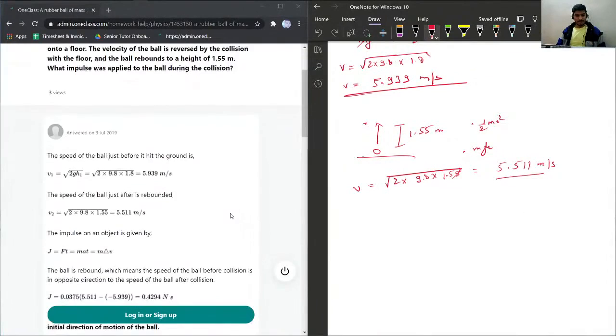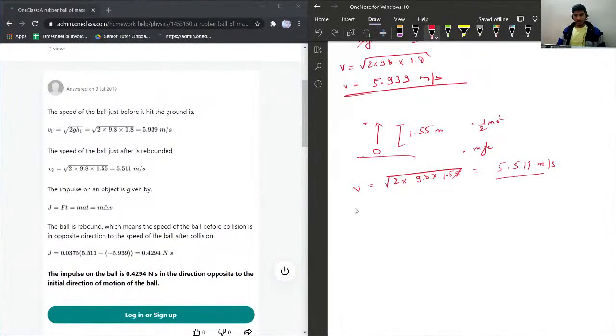Now to calculate the impulse, let me just cross check this formula. The impulse is force into time, which is nothing but mass into change in velocity.